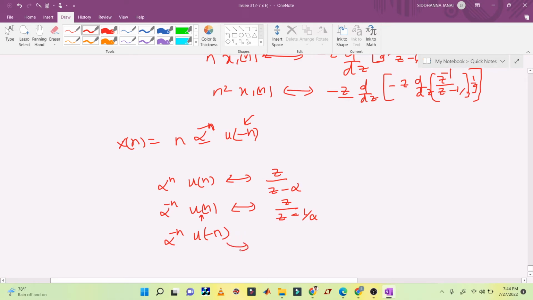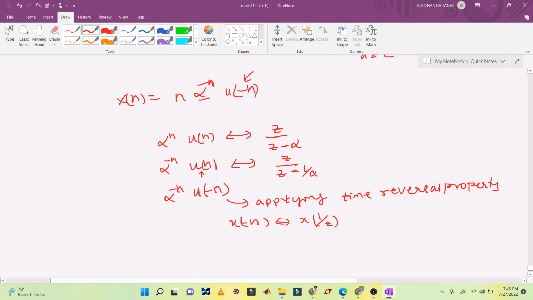Applying the time reversal property, we can write: if x of minus n is there, the z transform will be x of 1 by z.